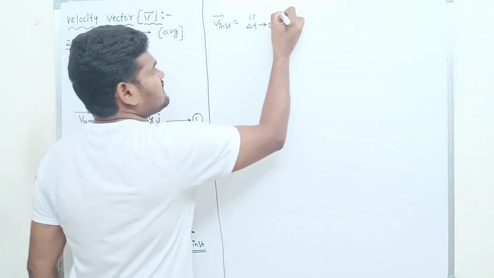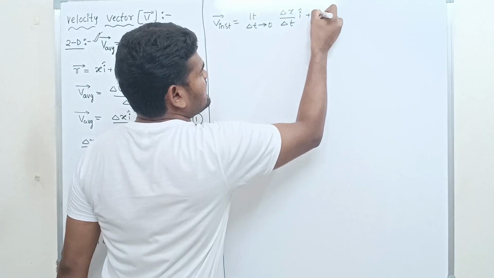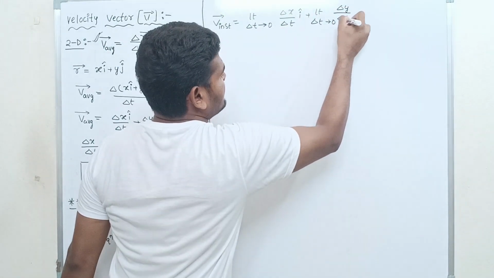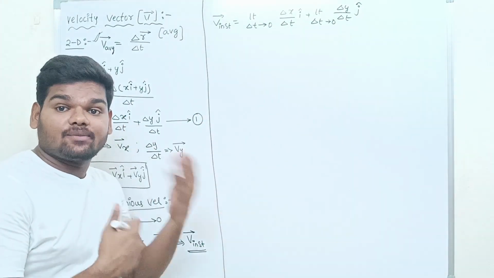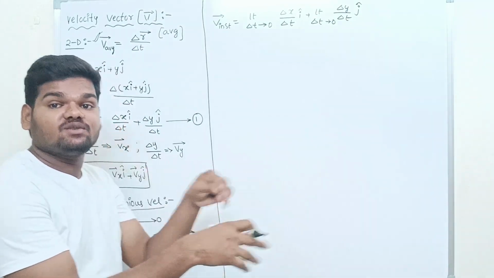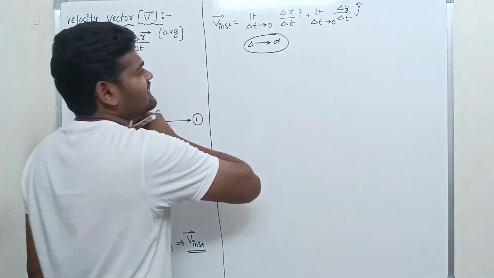It becomes limit delta t tends to 0 of delta x by delta t i cap plus limit delta t tends to 0 of delta y by delta t j cap. Whenever delta t tends to 0, as I told you in the slope concept, when the denominator is very close to 0, delta becomes d.